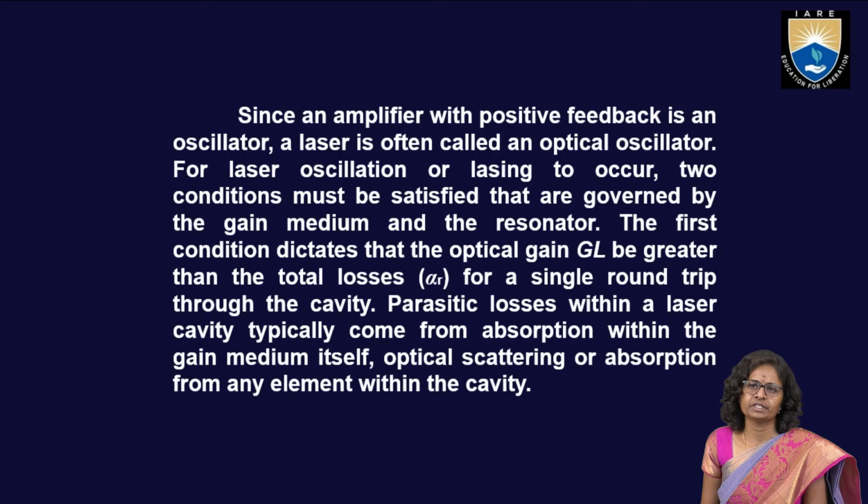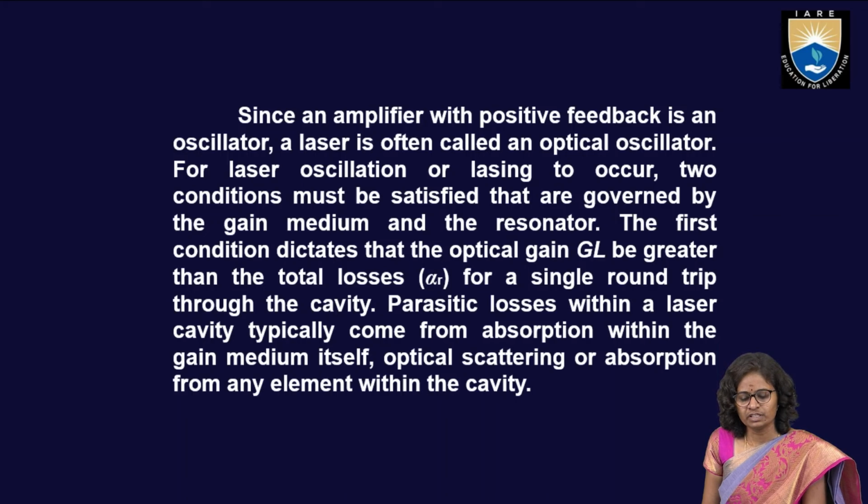For laser oscillation or lasing to occur, two conditions must be satisfied that are bound by the gain medium and the resonator. The first condition dictates that optical gain, that is G, must be greater than the total loss, that is alpha, for a single round trip through the cavity.